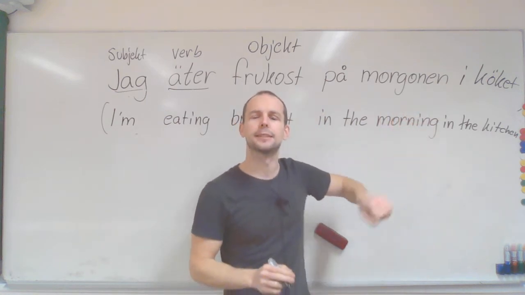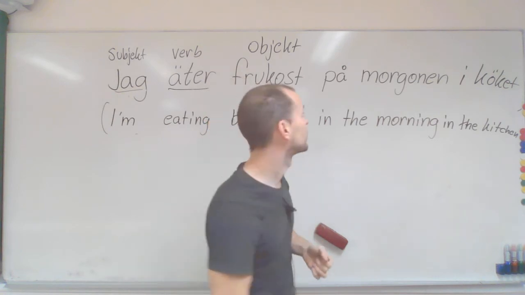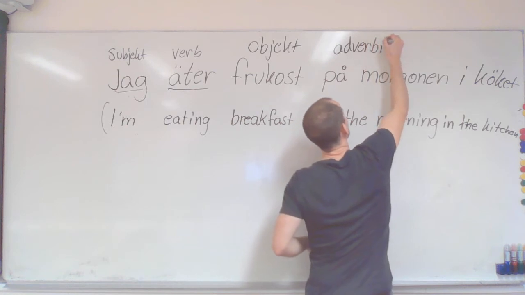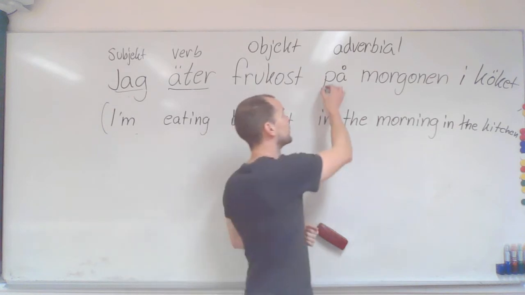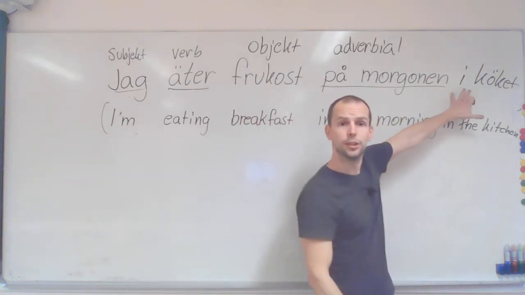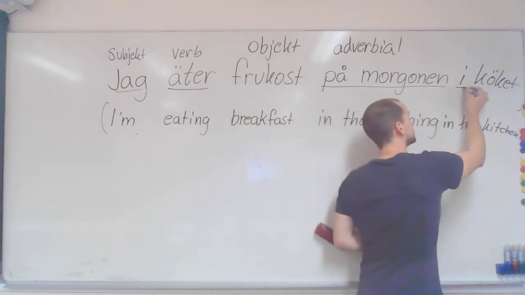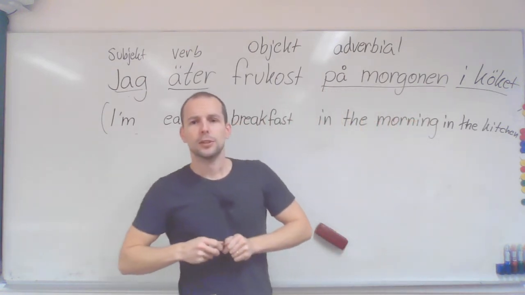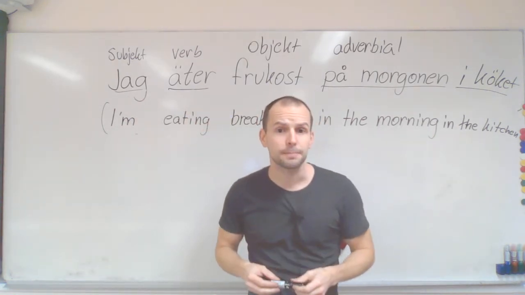Times and places in sentences are what we call adverbial. So this is adverbial, time, and i köket, in the kitchen, it's a place. So this is also adverbial. So these are the different parts of the sentence.